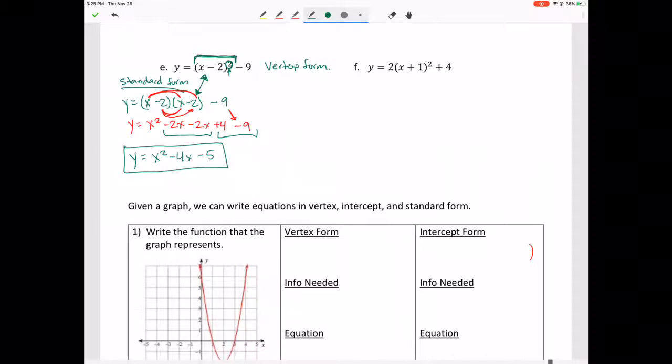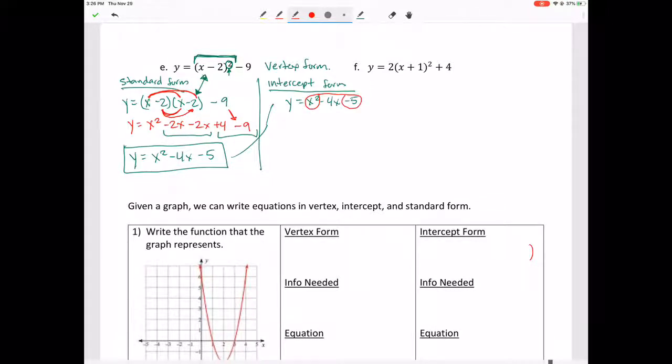Okay? Just remember, if I'm moving a little too quick, you can pause anytime. So we also need to do it in intercept form. Okay, so we will start with our standard form, y equals x squared minus 4x minus 5, and we will factor.